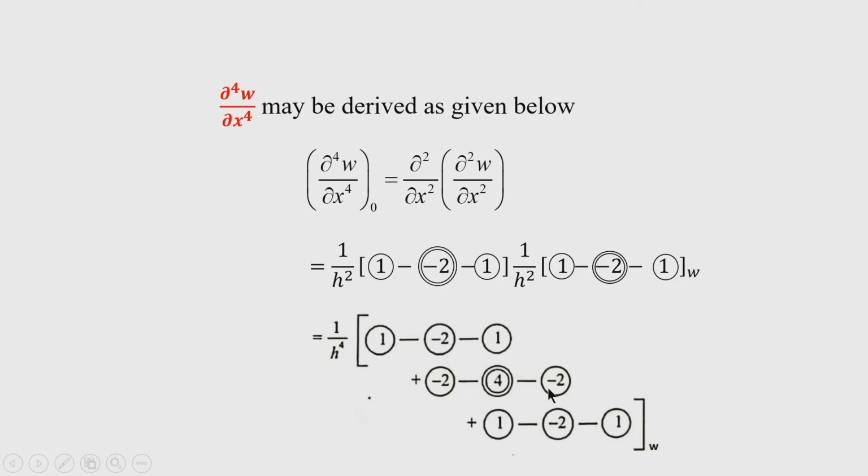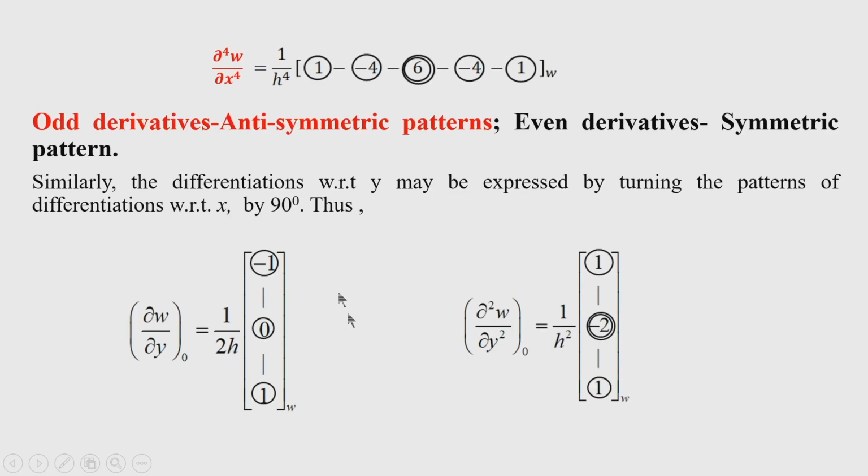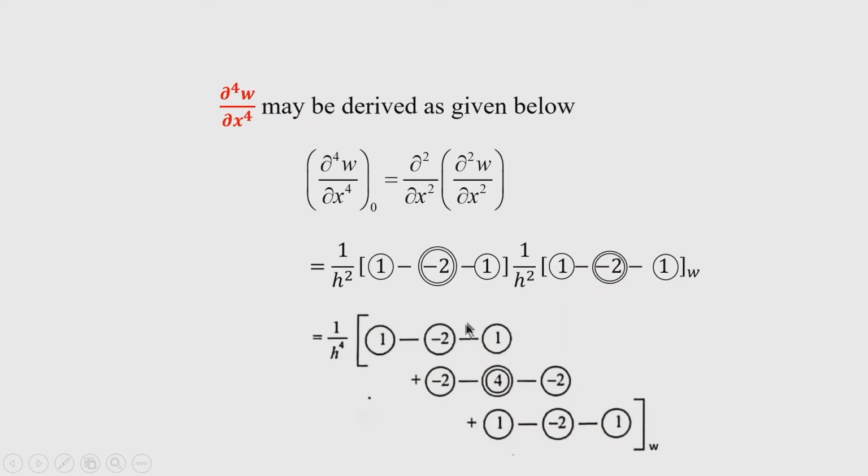For the last row, 1 into 1 is 1, then 1 times minus 2 is minus 2, then 1 into 1 is 1. Then you add these and you get the fourth derivative. After adding we get the first term 1, the second term minus 4, the third term 6, then the fourth term minus 4 and 1.